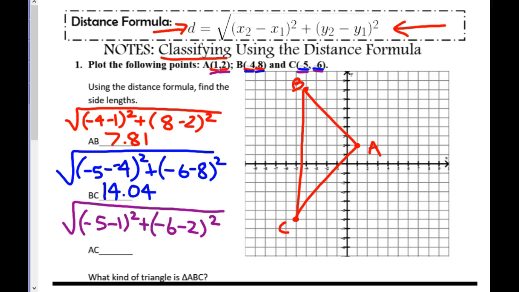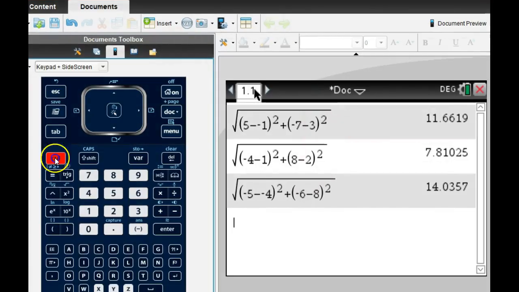And again, we're going to take that to the calculator. Negative 5 minus 1 squared plus negative 6 minus 2 squared gives us 10. Okay?